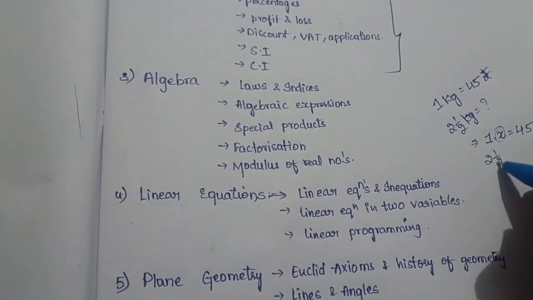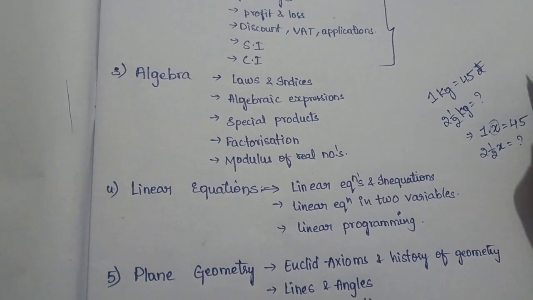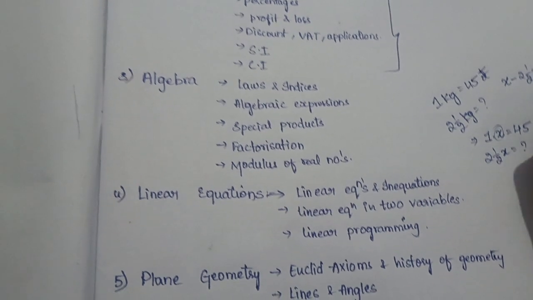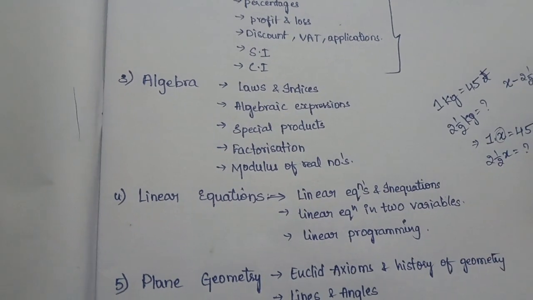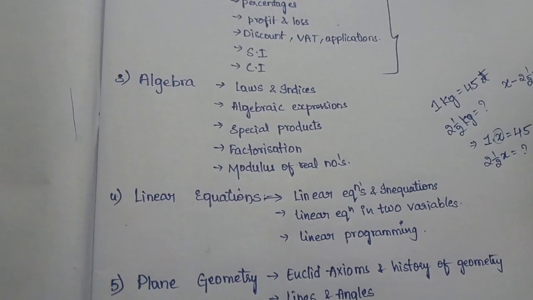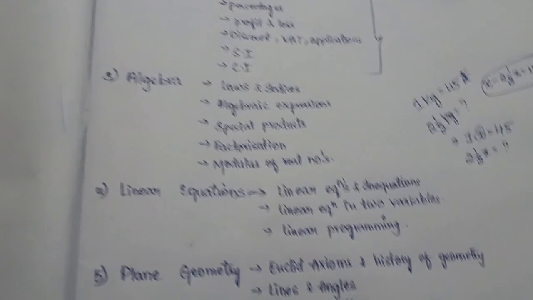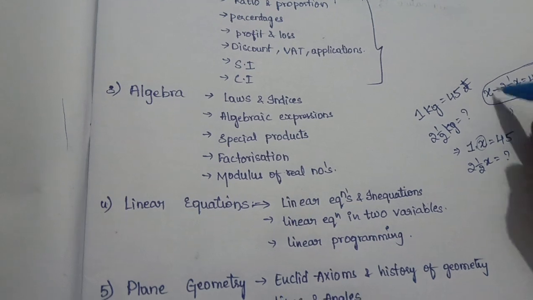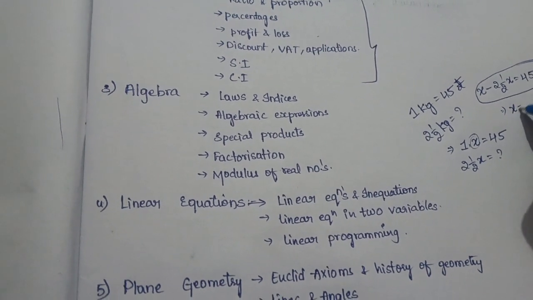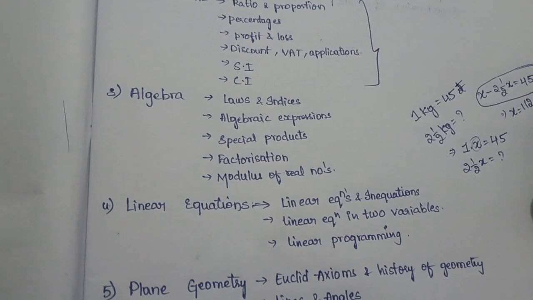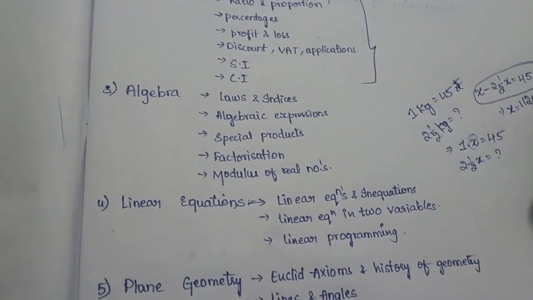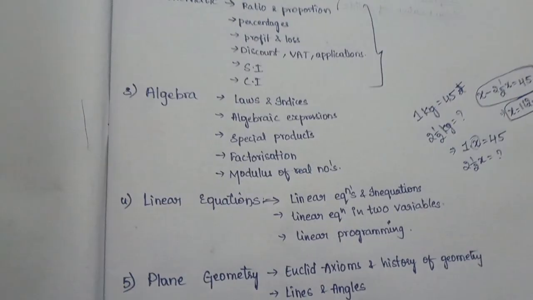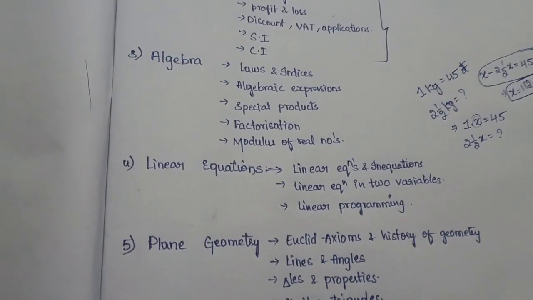Then for 2.5 kg of sugar, how much is it? So we take an expression like this. This is an algebraic expression. If we solve it, we get the value as 112.5. Okay, 112.5 is the cost of 2.5 kg of sugar if its value for 1 kg is 45 rupees.